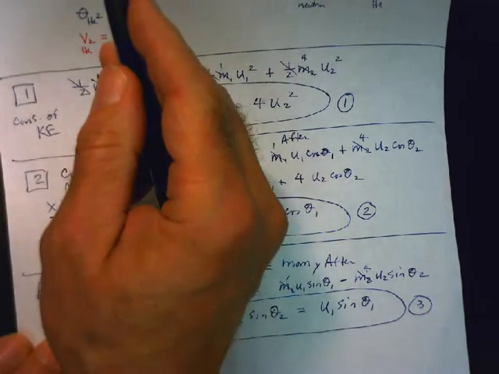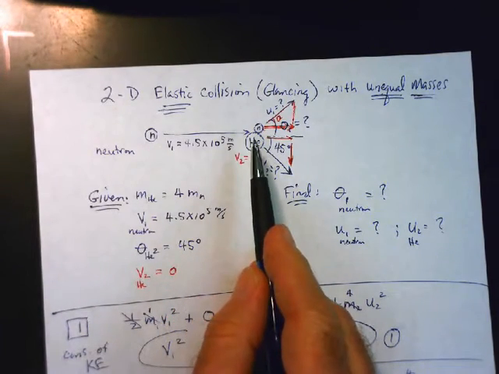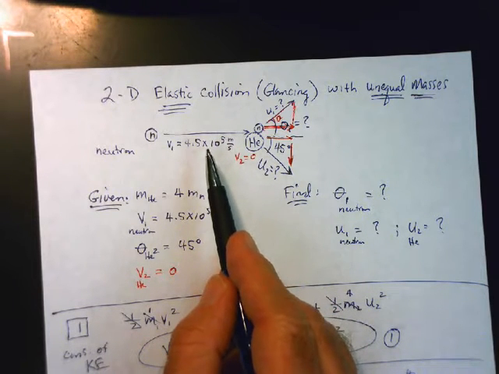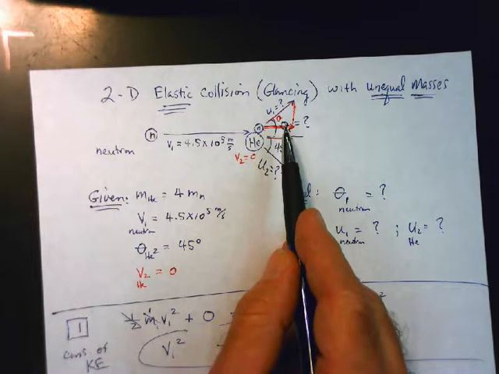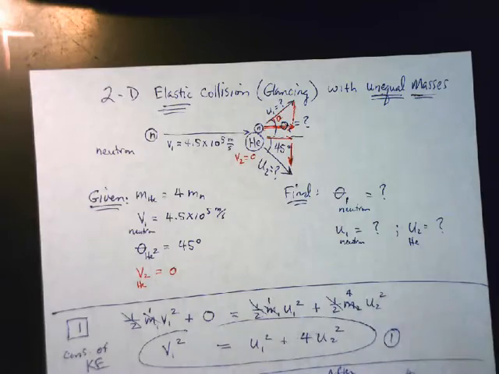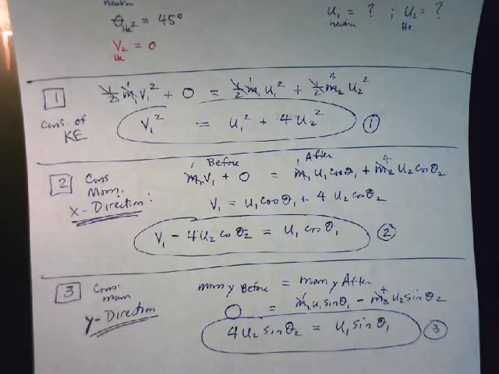Since the neutron was the only thing moving at the beginning, and it was only going in the x direction, there was no y momentum before collision. Therefore, the sum of the momentum in the y direction after collision has to also be 0. Alright, so far so good.